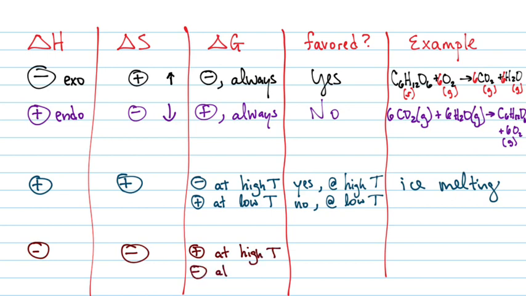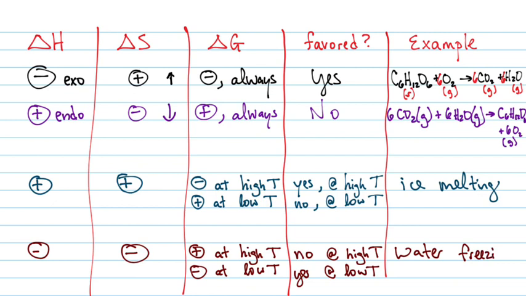They are favored at lower temperatures. So these exothermic reactions that have a negative delta S are favored at lower temperatures. So we say no at high T, T for temp, and yes at low temperature. The opposite would be water freezing. Water freezing is actually exothermic, and the particles lose some of their randomness, and that means the signs match. They're both negative signs there for the H and the S.